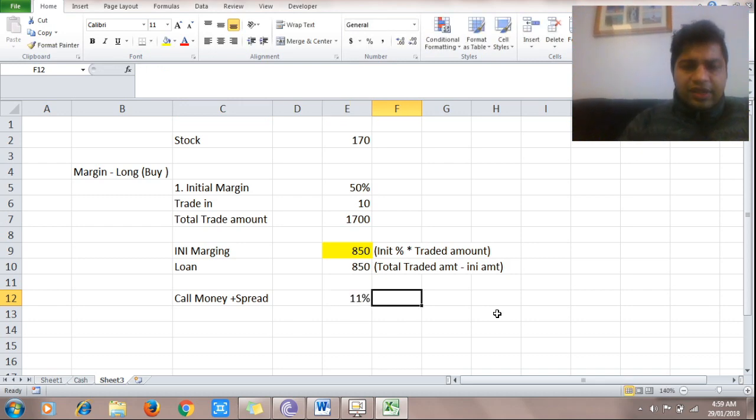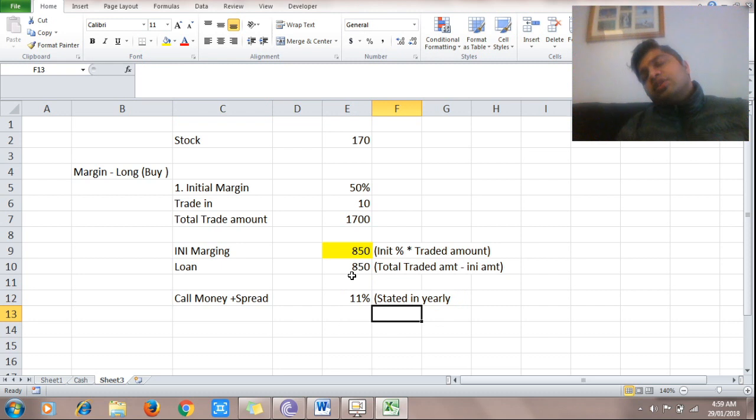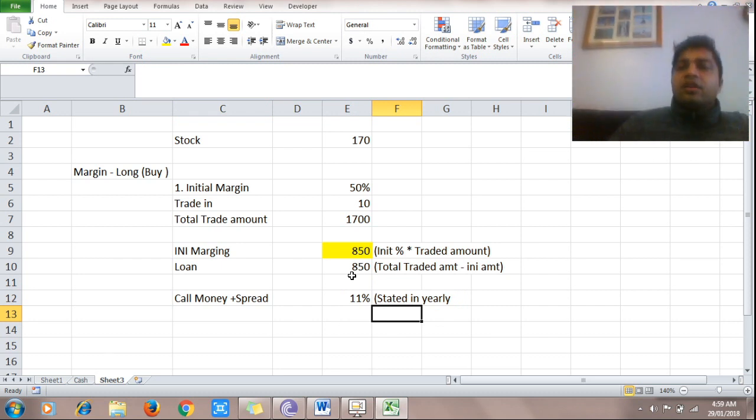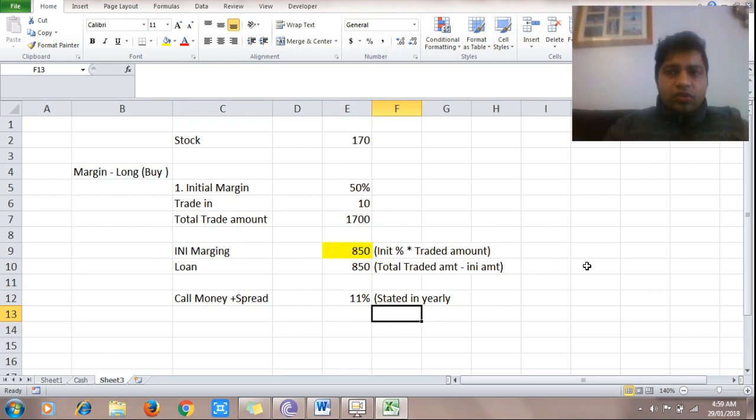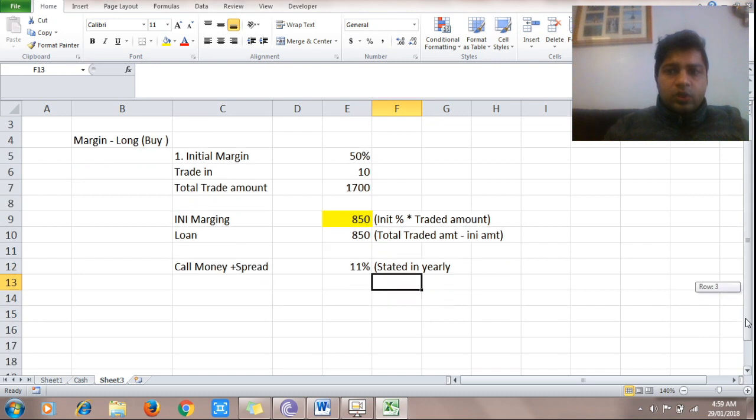Now this 11% is generally stated in yearly terms. So if you're trading for a duration less than a year, then you need to readjust the interest rate. So you would have to pay 11% on the borrowed amount yearly towards the broker who is letting you borrow that amount.